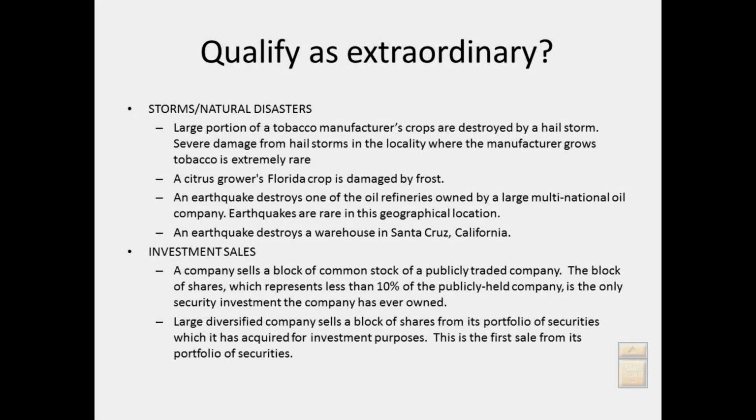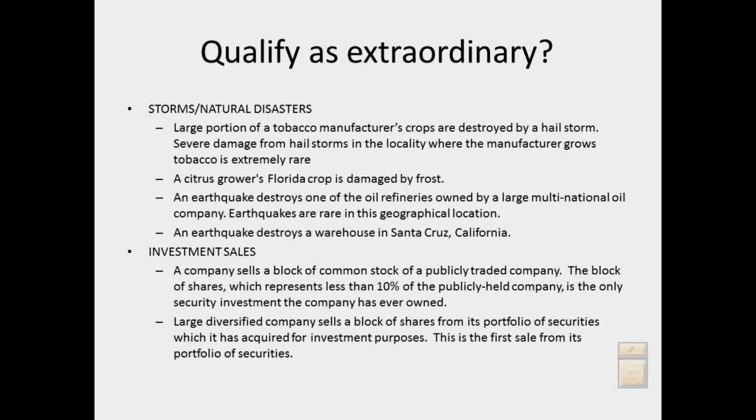It's not a certainty. Another example would be what's unusual and infrequent to one company may not at all be unusual to another. Let's say we're talking about a company like Morgan Stanley buying and selling shares. Happens all the time. That's their business. That's not unusual or infrequent.